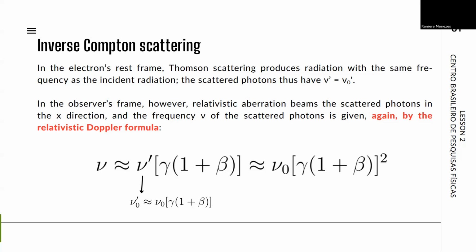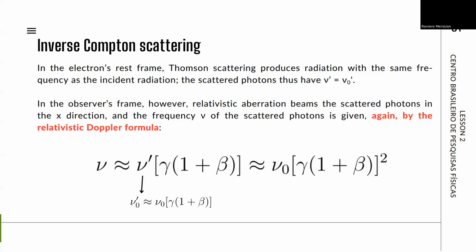So let's suppose that in the isotropic field of photons each photon has energy 1, doesn't matter the unit. In the frame of the electron, the photon arrived with energy 10, and it was isotropically scattered with this energy, 10.